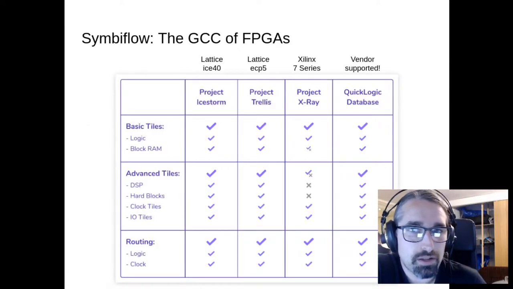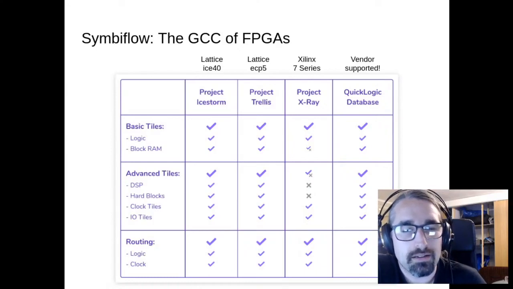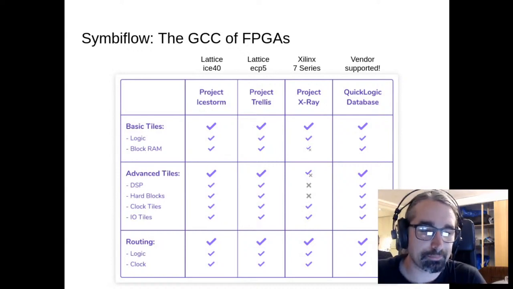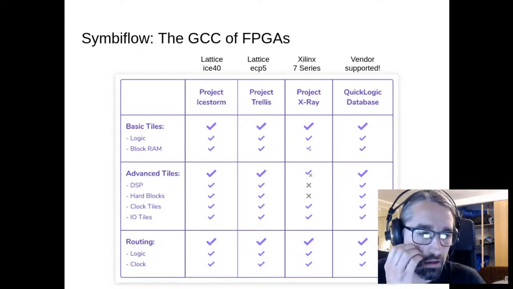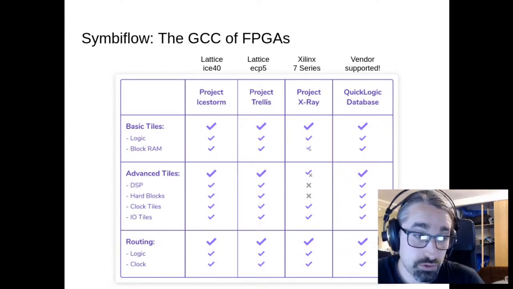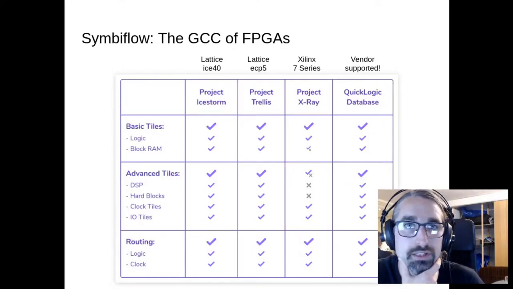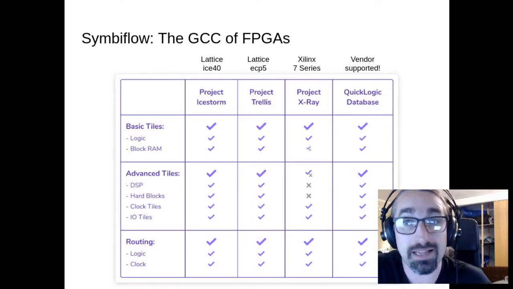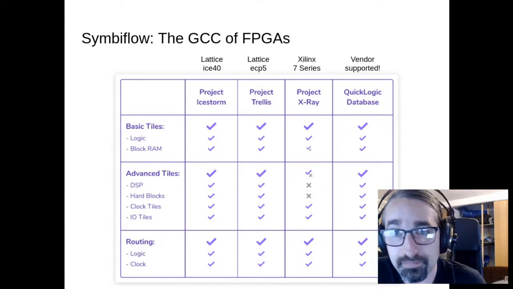So now that we spoke about the FPGA, what about the workflow to take the hardware description language and convert it into the bit stream, which is the configuration for the hardware? We have the project called Symbiflow, which is aiming to be the GCC of FPGAs or the Mesa of FPGAs.